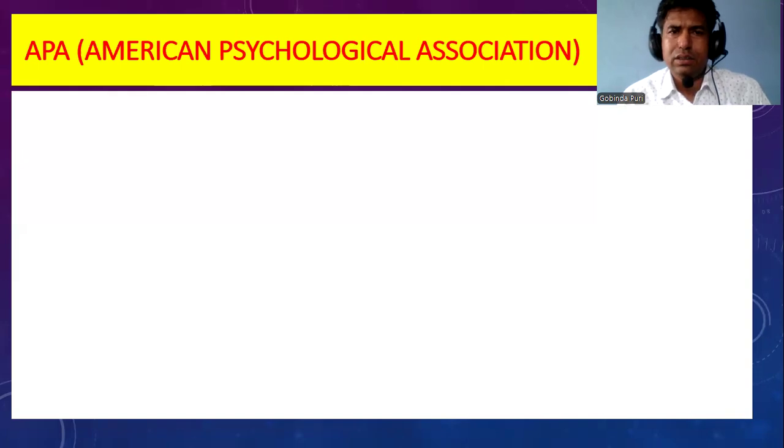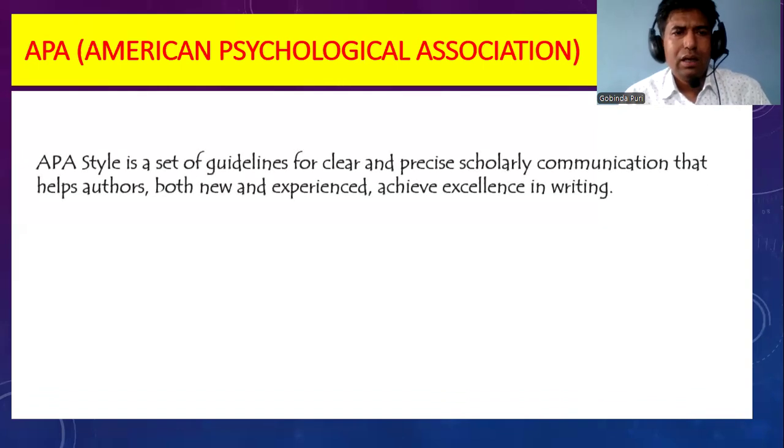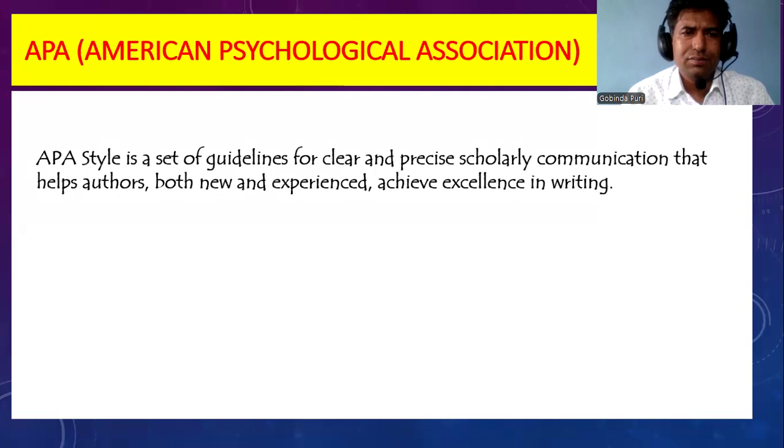What is it? American Psychological Association. It's a style, a set of guidelines for clear and precise scholarly communication that helps authors, both new and experienced, achieve excellence in writing.